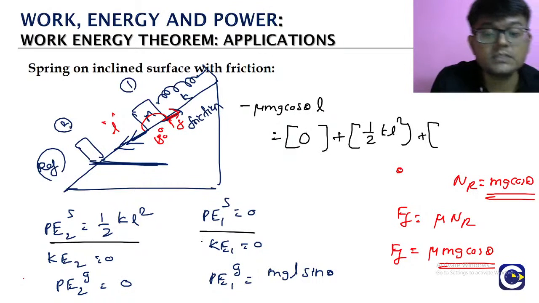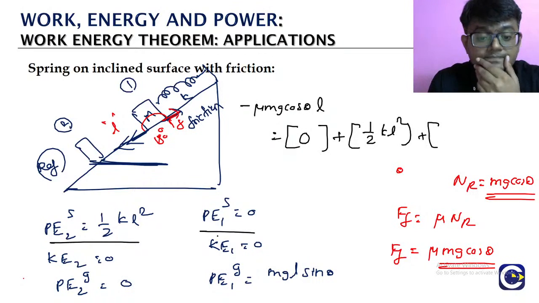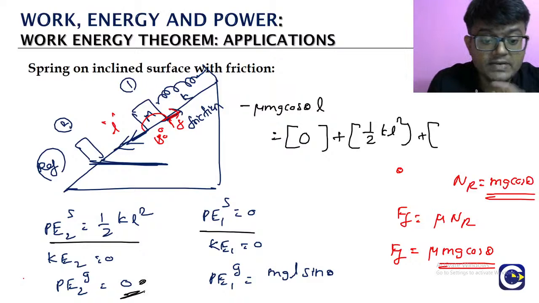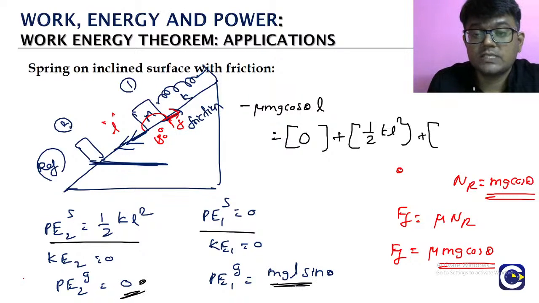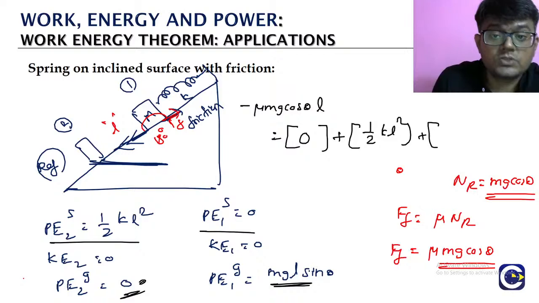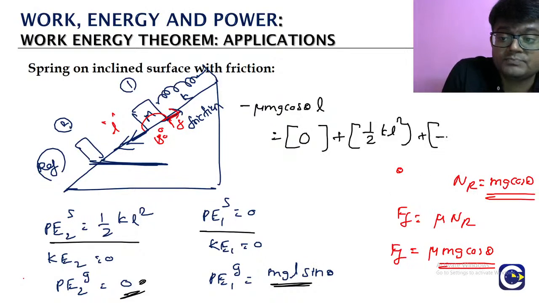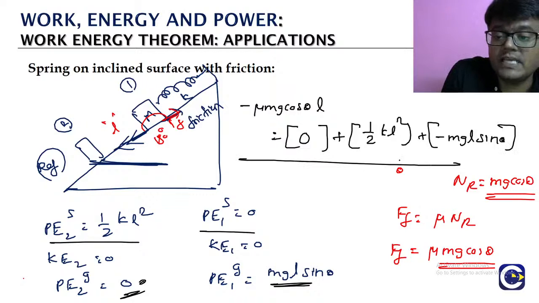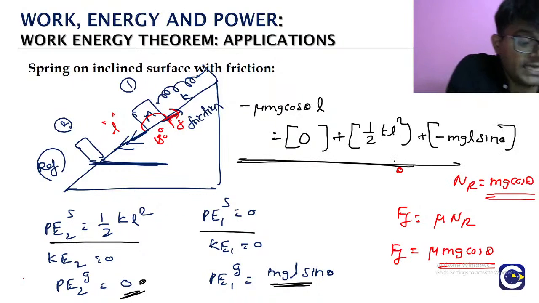Plus change in the gravitational potential energy. Final gravitational is 0. Initial gravitational is MGL sin theta. So 0 minus MGL sin theta, which is minus MGL sin theta. So we'll just leave the expression like this.